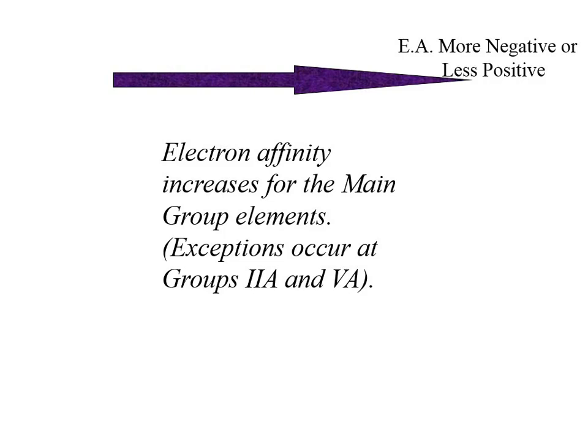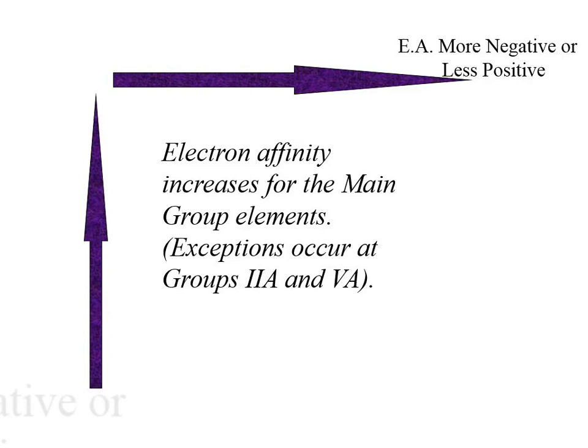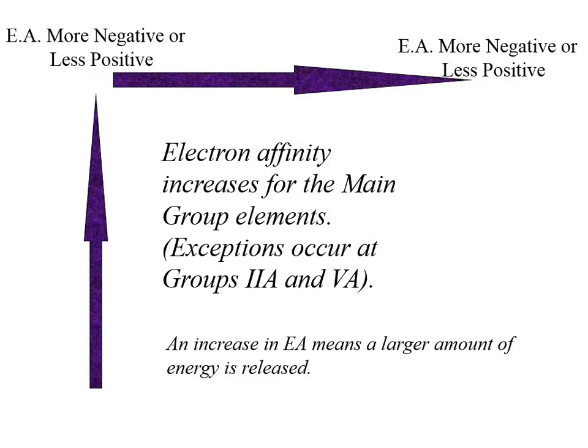Yes. I don't know how you want to resolve this in your own mind, but the affinity increases while the value of the electron affinity becomes more negative, less positive.